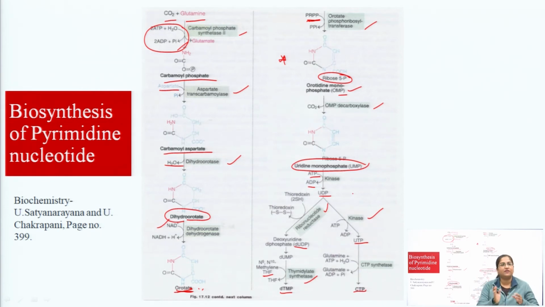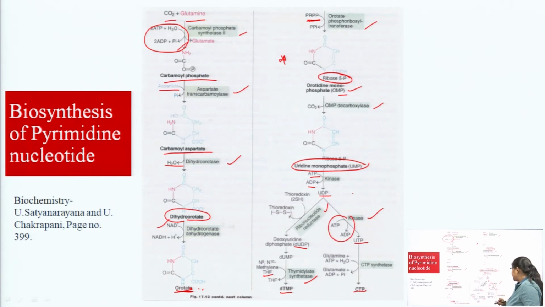That means we are giving the reaction one more ATP. So it came from this level to the next level, from UMP to UDP to UTP, from monophosphate to diphosphate and then triphosphate. Here we are producing UTP from UDP, uridine diphosphate, by incorporation of one more ATP.